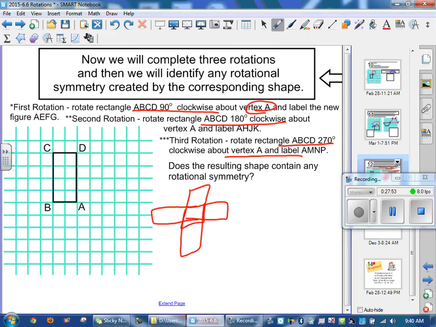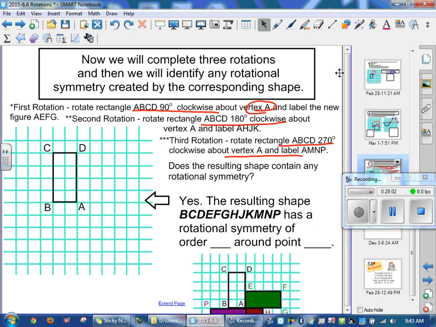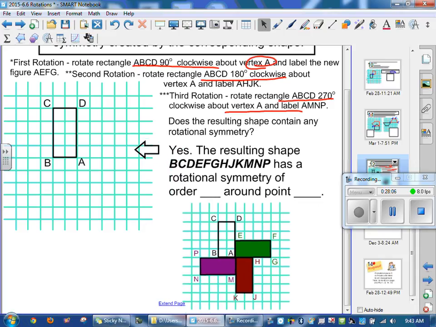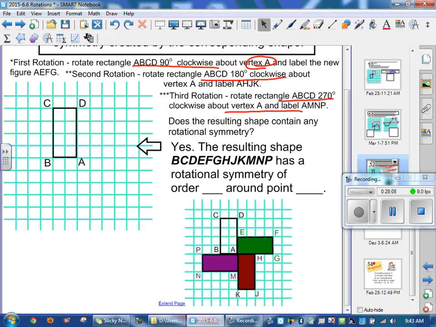Let's see if everybody got that object. Excellent. So, does it have rotational symmetry? Yes, it does have rotational symmetry. Around which point?